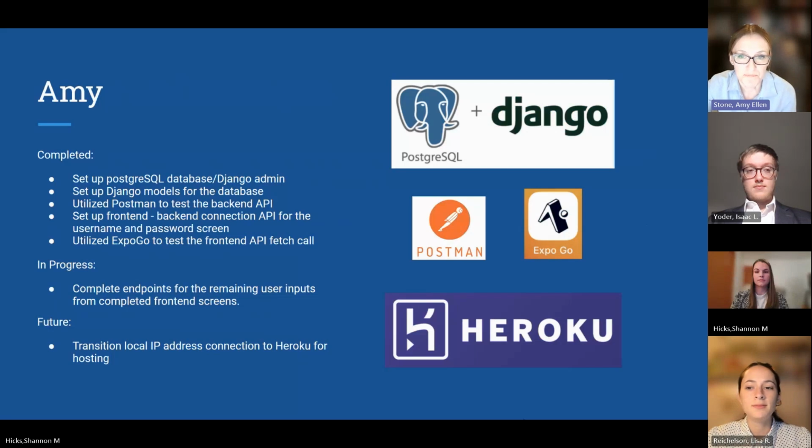After that was successful, I set up the front end fetch API to connect with the back end. This was tested with Expo Go through the user account creation screen for username and password. We were able to confirm that this was successful through the Django admin page I mentioned earlier. My work in progress is to complete the endpoints for the remaining user inputs, and my future work will involve transitioning from local hosting to Heroku.